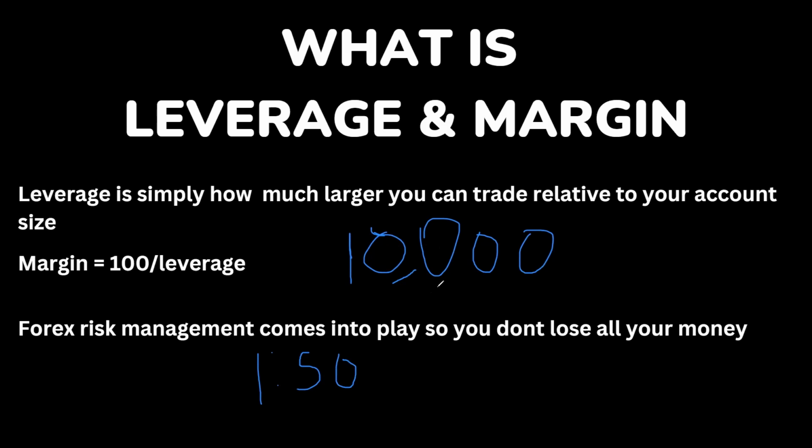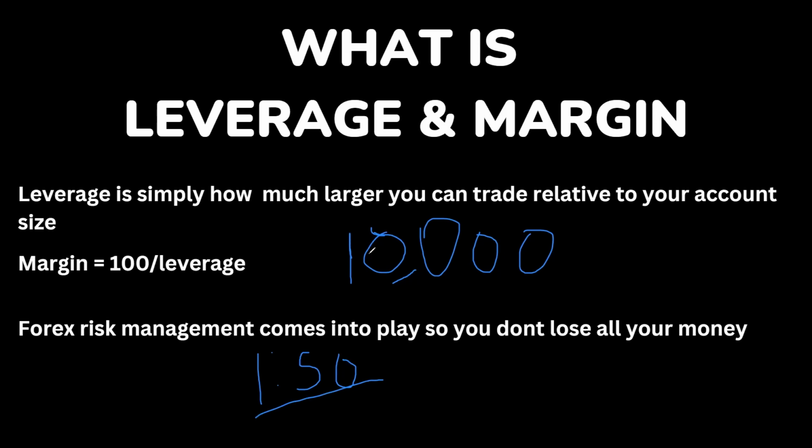So the broker is giving you, with this ratio, the ability to trade the size of a $500,000 account. That's basically what it means.